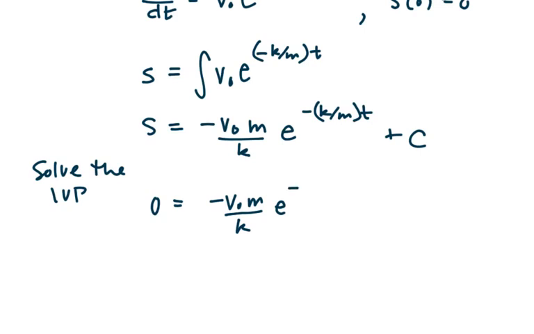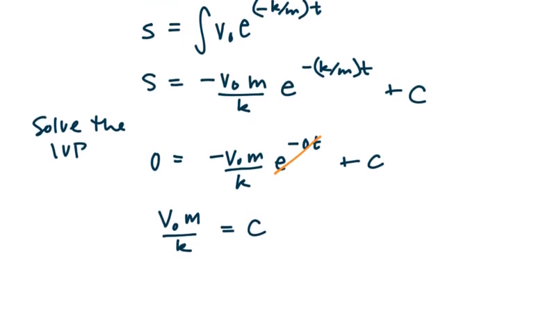So we end up with negative 0t, and anything to the 0th power is equal to 1. So this term is going to go away, and we're going to end up with v sub 0 m over k equals c.